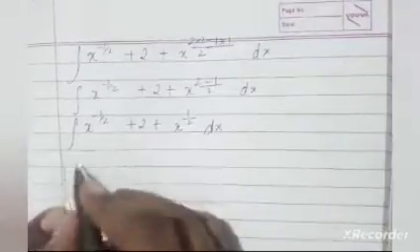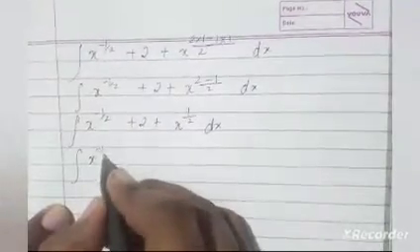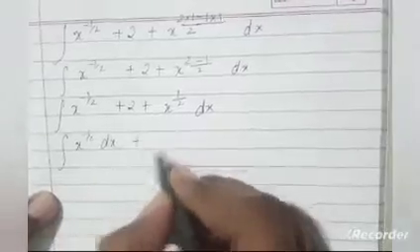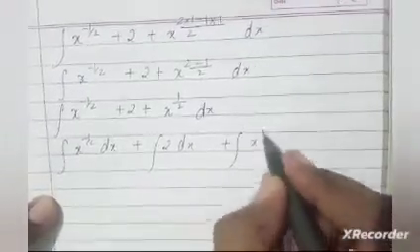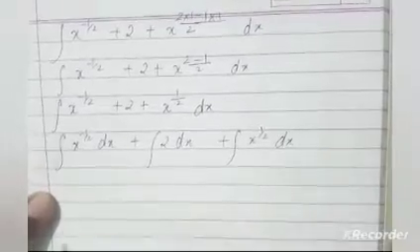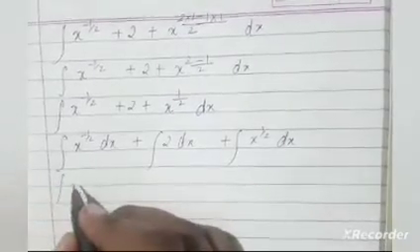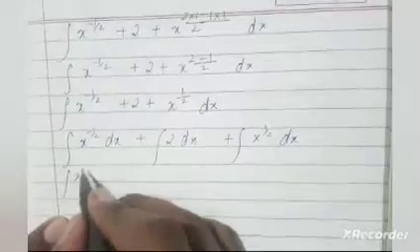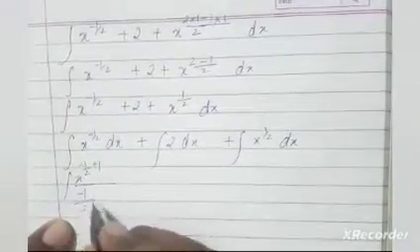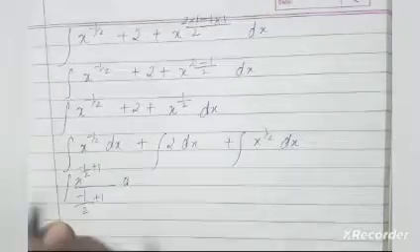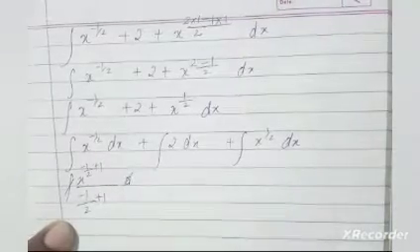Now we will integrate: integration of x raised to minus 1/2 dx plus integration of 2 dx plus integration of x raised to 1/2 dx. Now integration of x raised to minus 1/2 plus 1 over minus 1/2 plus 1, we will not write this integration sign.